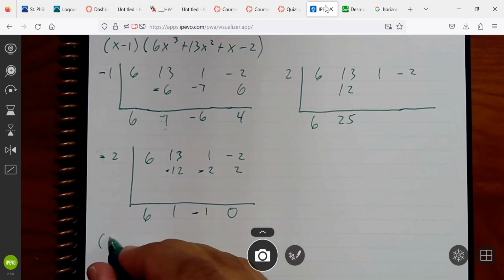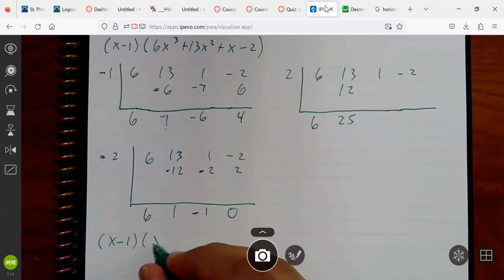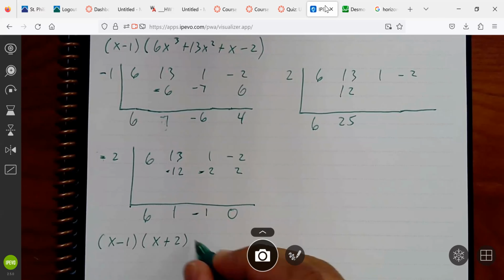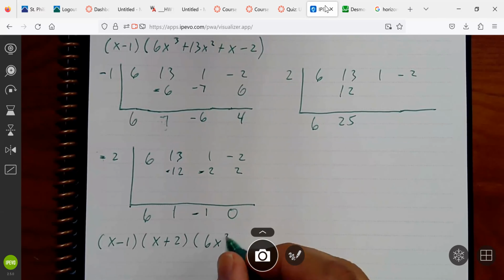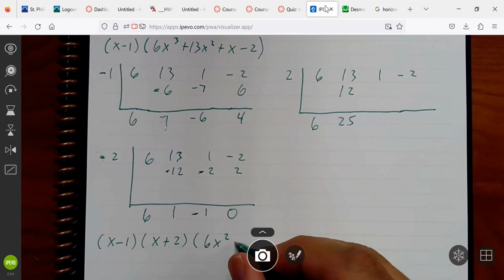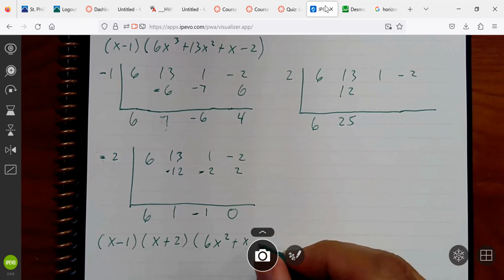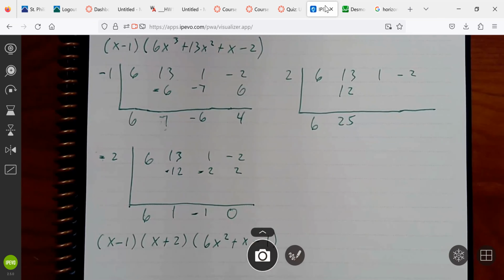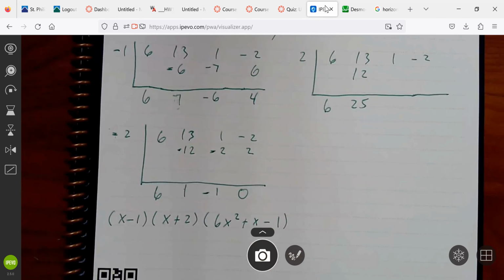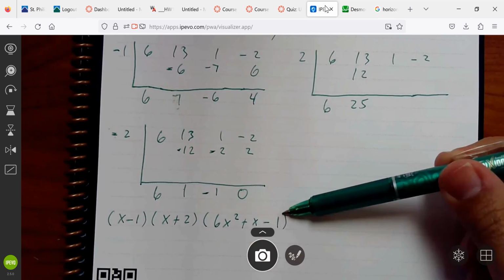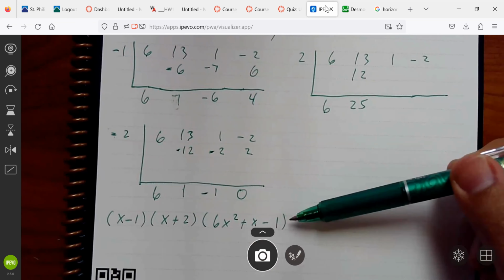So now we got x minus 1 times x plus 2 times 6x squared plus x minus 1. So that's our factored form. So now do quadratic formula on this guy, and we'll have the last one.